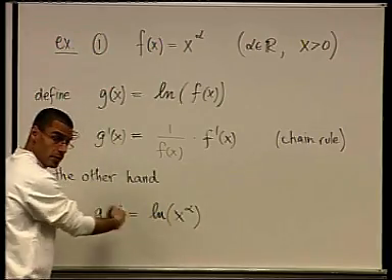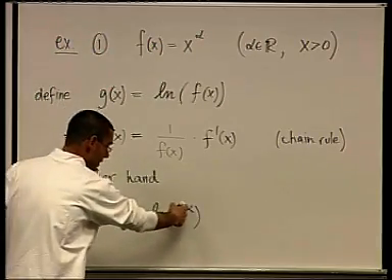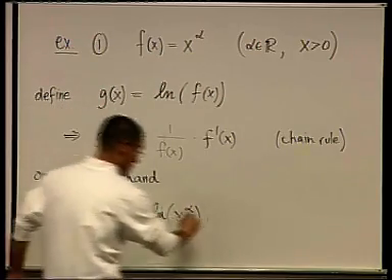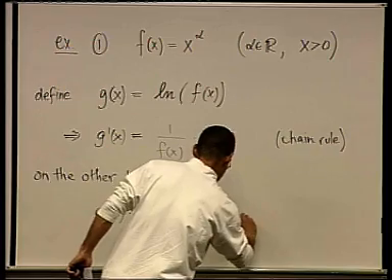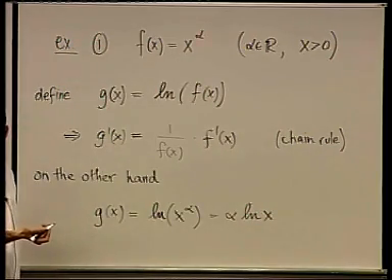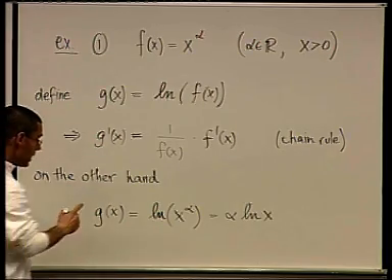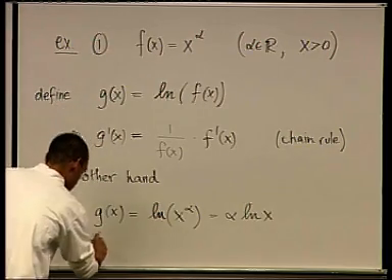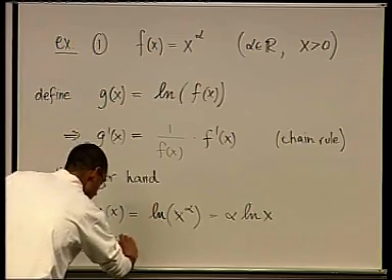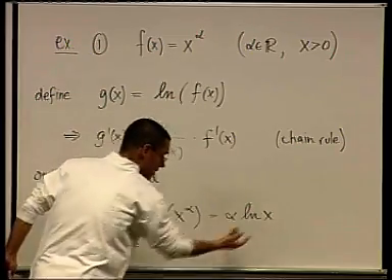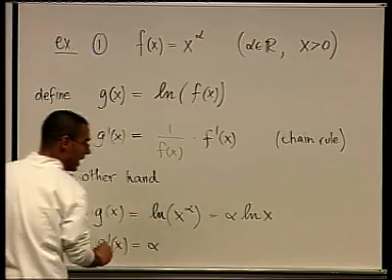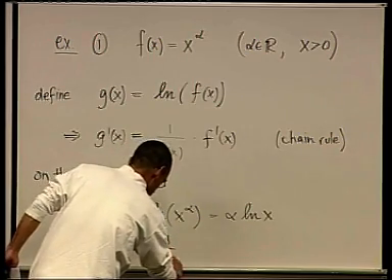And we know from rules of logarithms that this alpha can bounce down here, right? So this is the same as alpha ln of x. Do you all agree? Okay, so what is g prime? So therefore, the derivative of g is the derivative of this thing. Alpha is just a number, a scalar. So it's alpha times the derivative of ln, which is 1 over x.